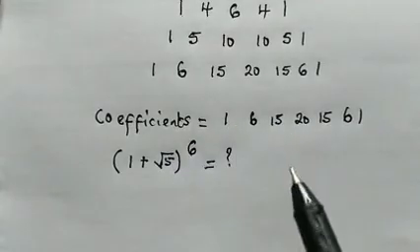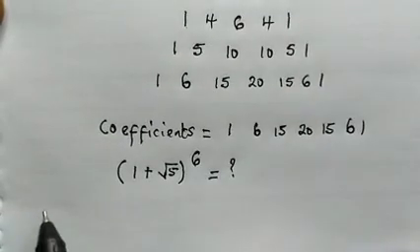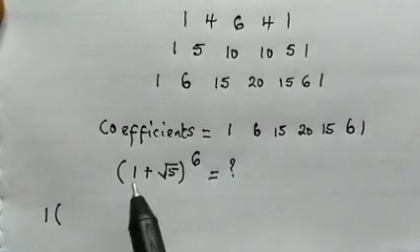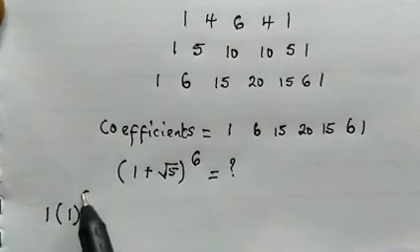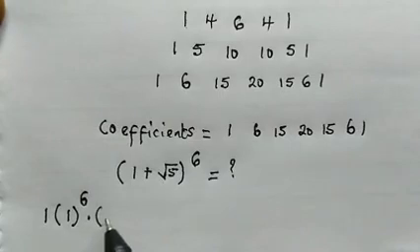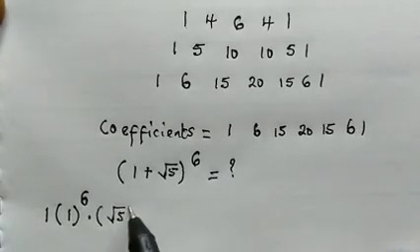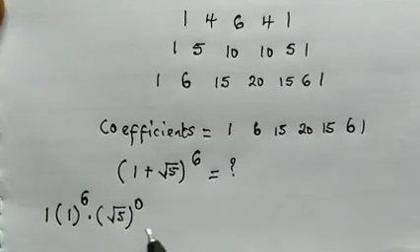With the help of the coefficients, we're starting with this 1 right over here. So we have 1, then in brackets the first term, and the power now will be 6, the highest power, then multiplied by the second term, root 5, the power will be 0. That is in descending order, right?